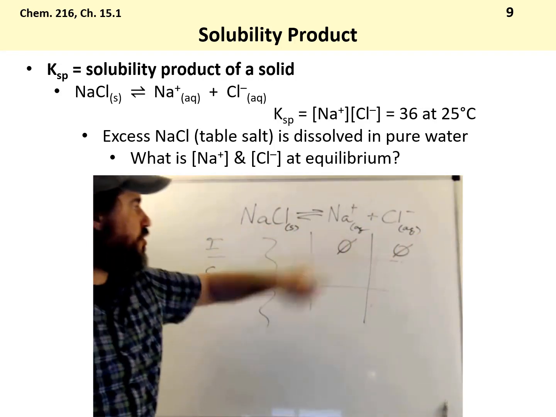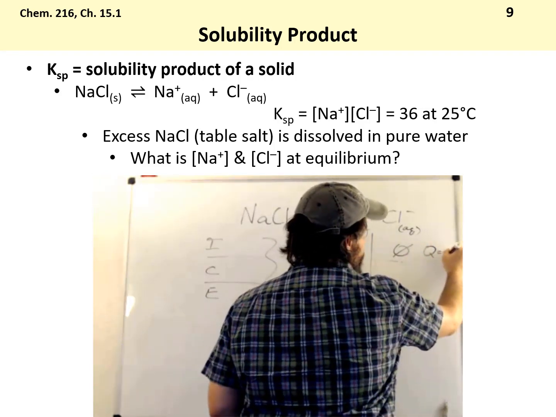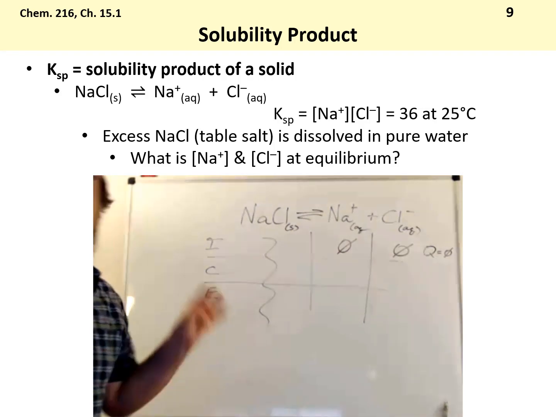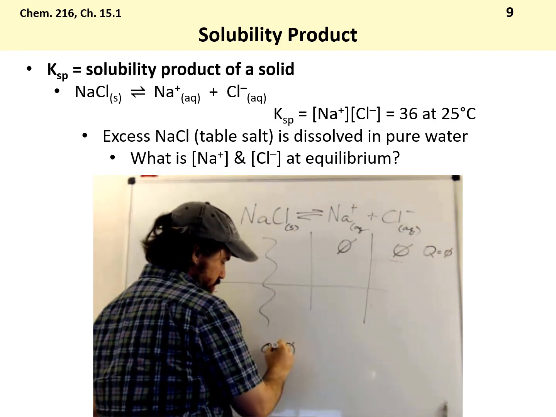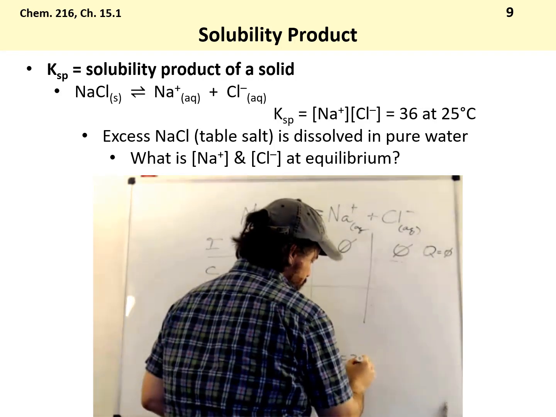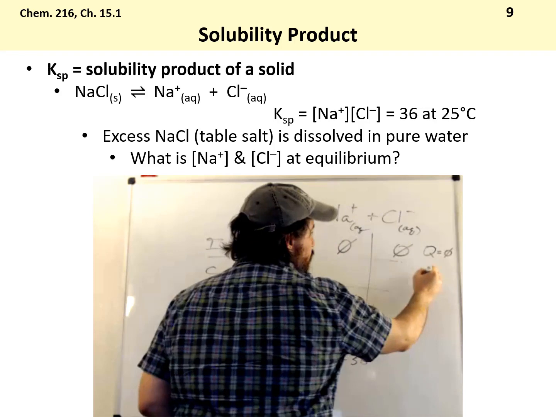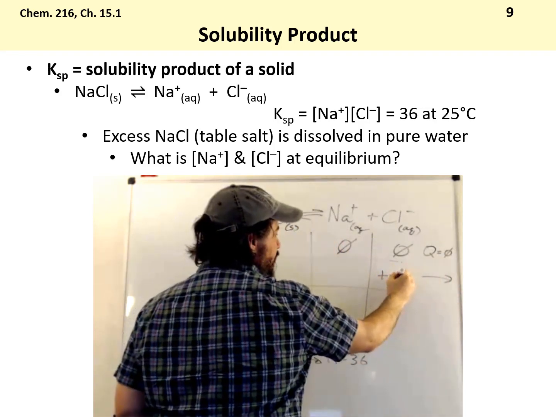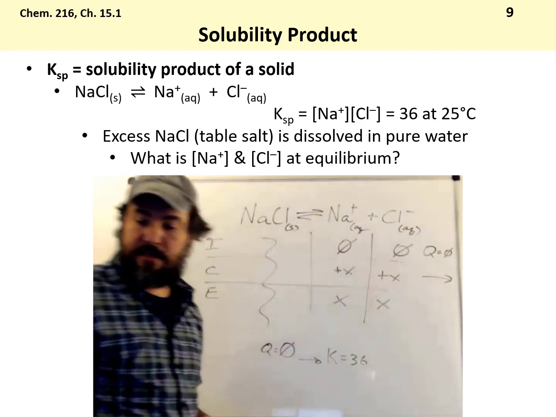If these two are 0 and I calculate Q, it's also going to be 0. So if my Q is 0 and my K is 36, what's going to happen? It's going to shift towards the right. So that means this is going to be plus X, plus X. I'm going to get X and X here.